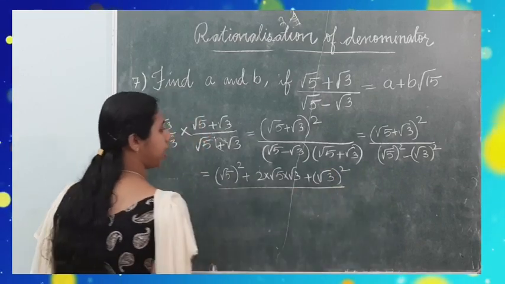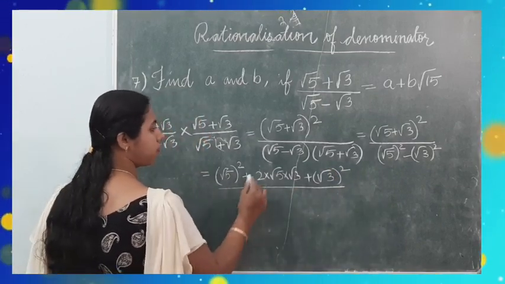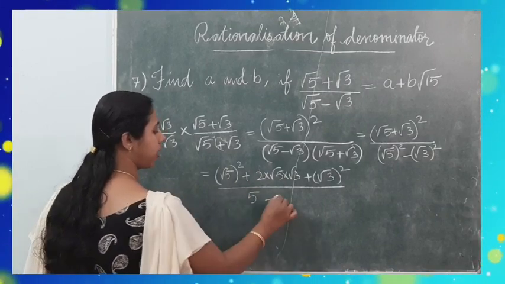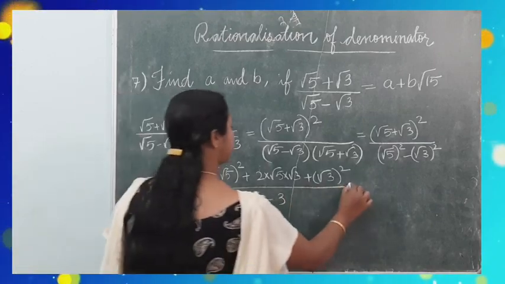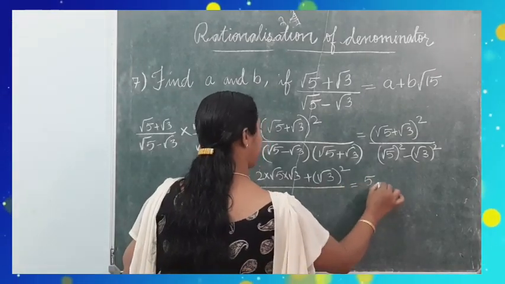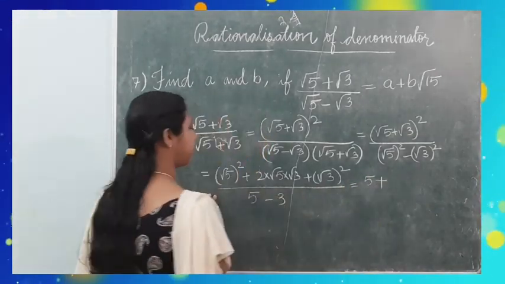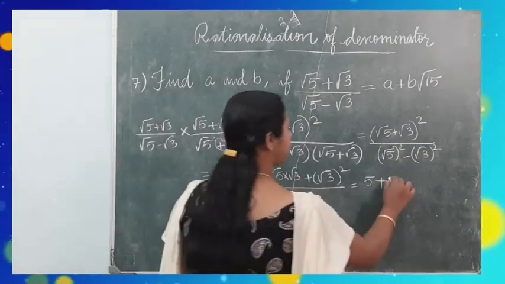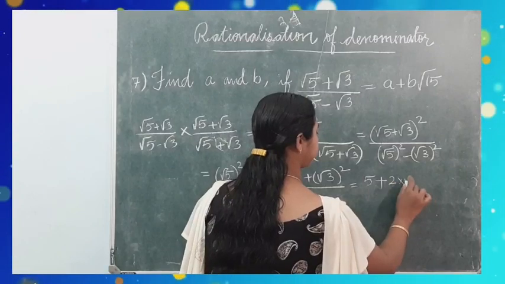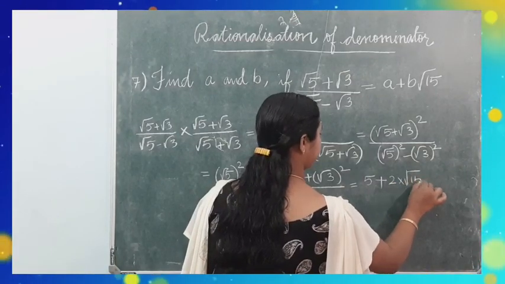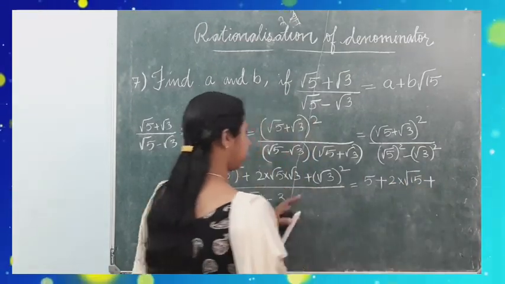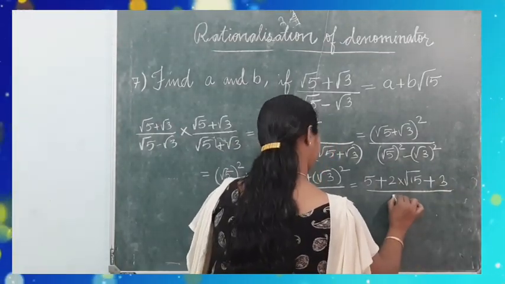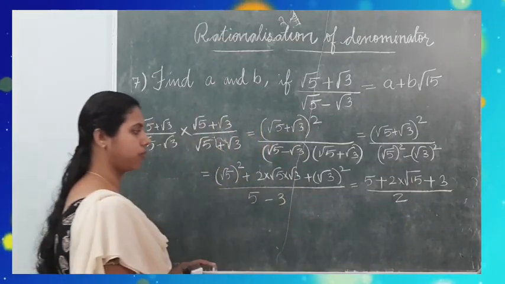All divided by root 5 whole square is 5, minus root 3 whole square is 3. So which is equal to 5 plus 2 into root 5 into root 3, so 2 into root 15, plus root 3 whole square is 3. All divided by 5 minus 3, 2.